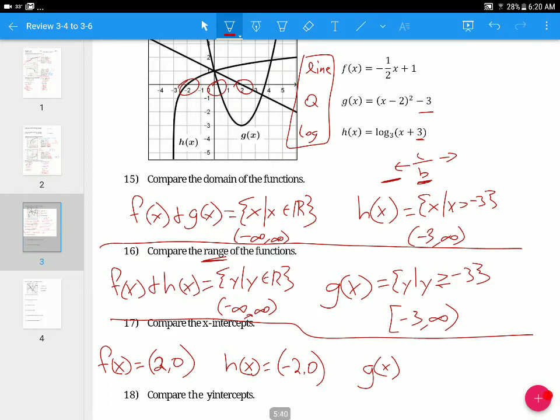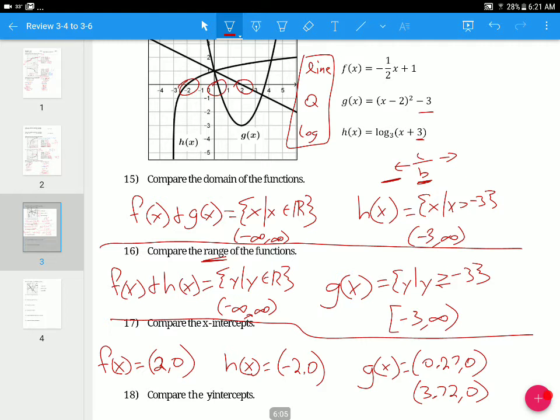You can find it too, but remember, you're going to have to use your calculator, and you don't get Desmos on the test. You get 0.27 comma 0 for one of them, and 3.72 comma 0 for the other one. Those are your x-intercepts.